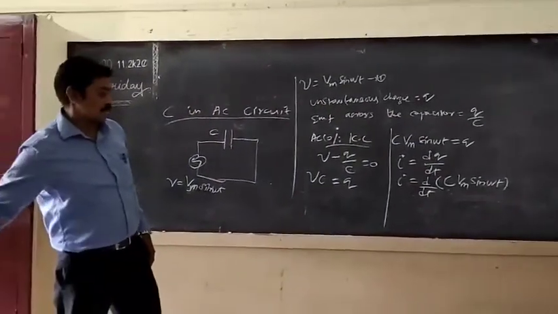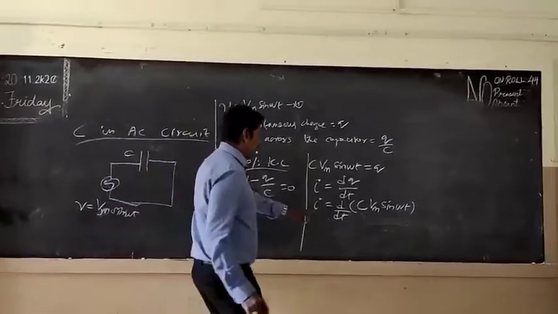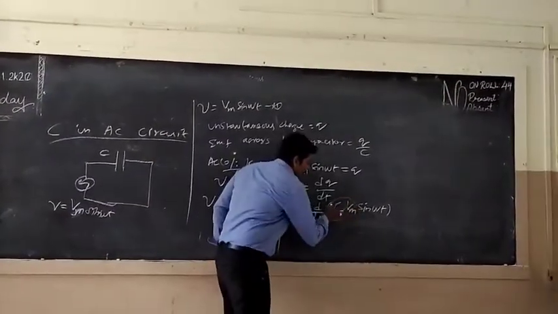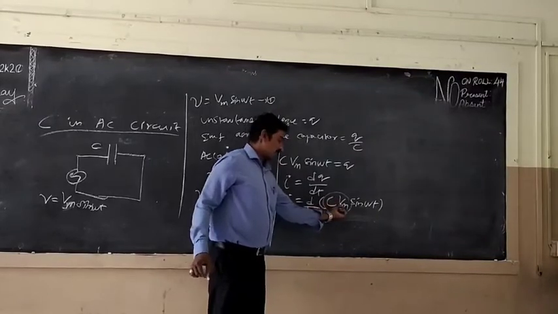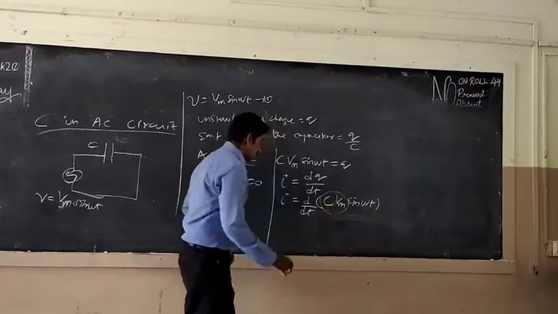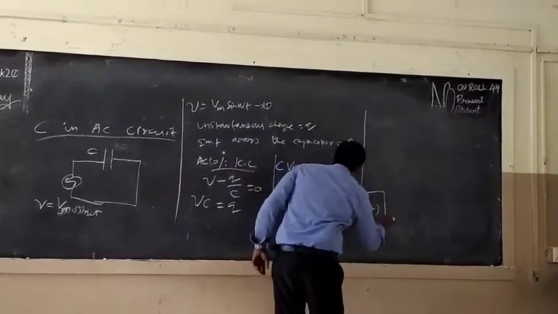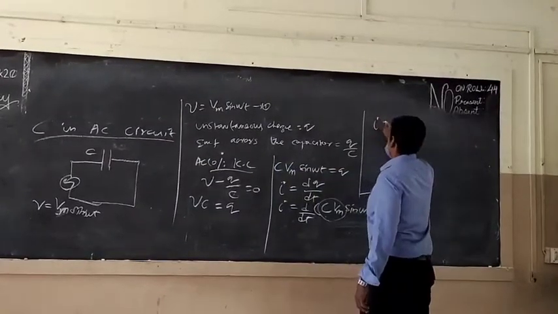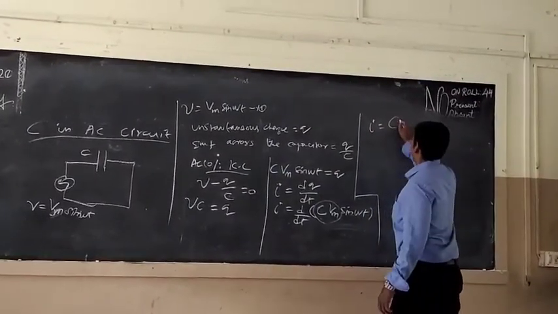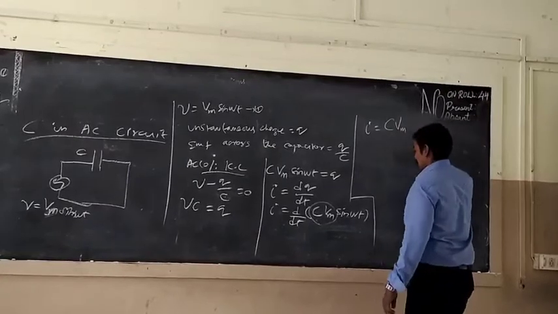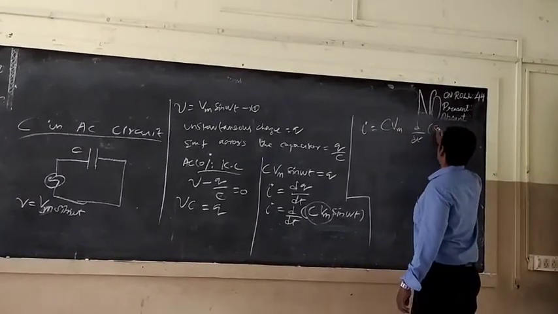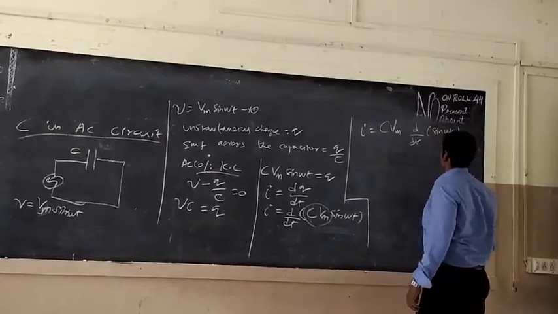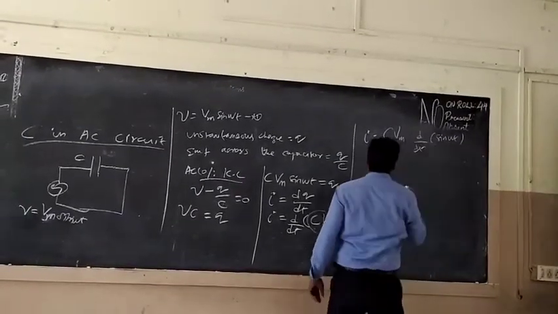Now we have to differentiate. Before we differentiate, we should take out the constant values, that is the capacitance of the capacitor and the maximum voltage, both are constants. Remaining will be d by dt of sin omega t. Differentiation of sin omega t is cos omega t.